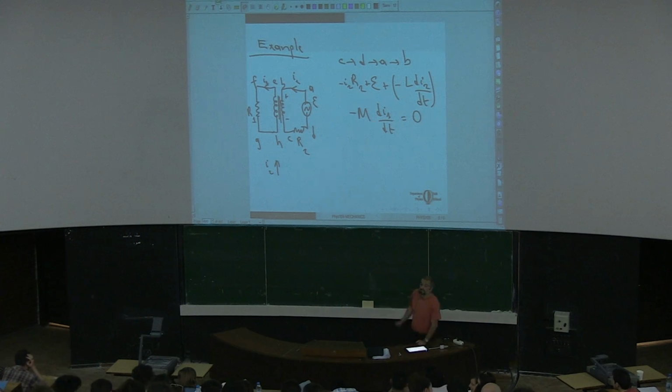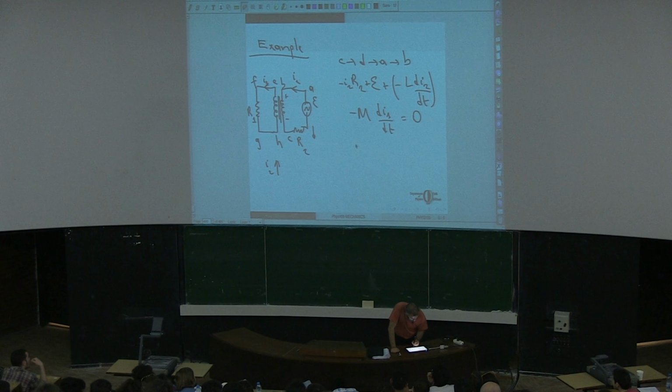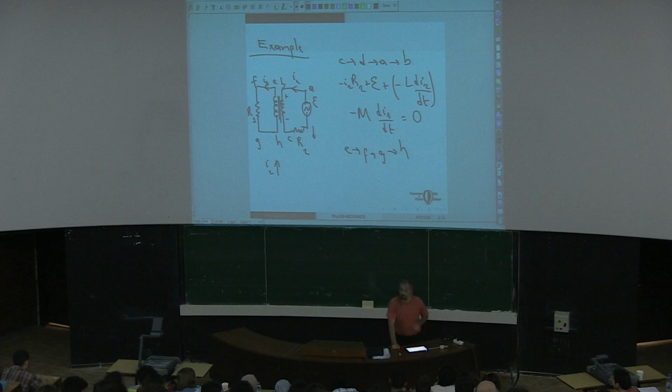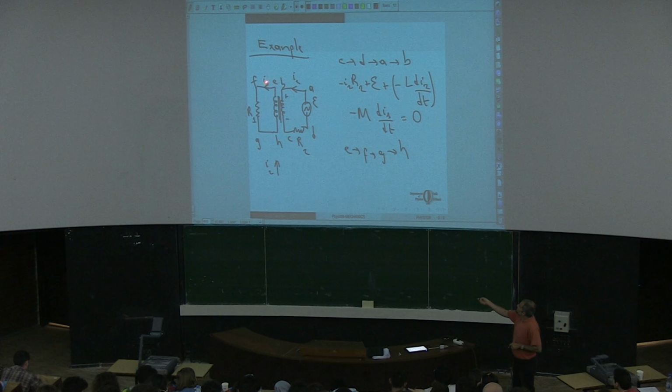Now, this sign will fix the sign in the other equation. Let's go the other way now, from E to F to G to H, and then back to E. Okay, from E to F, nothing.